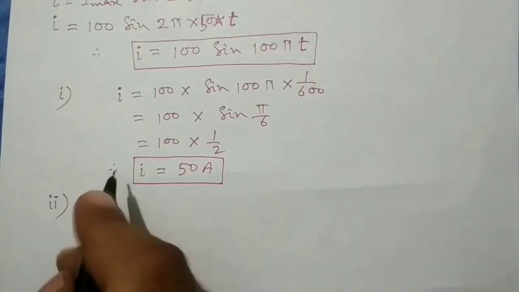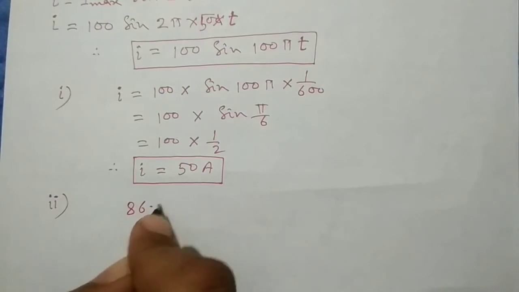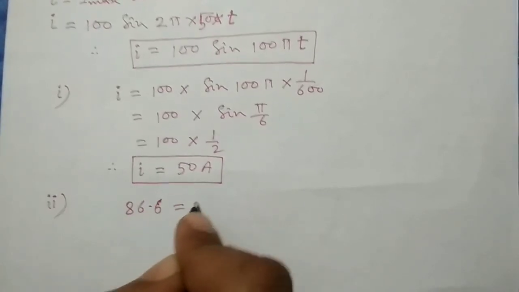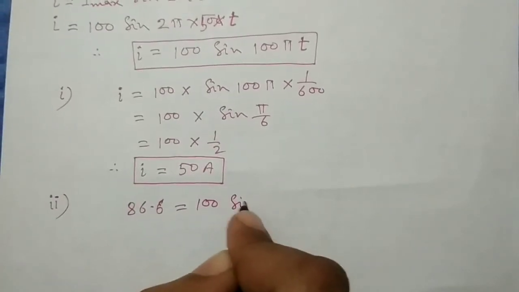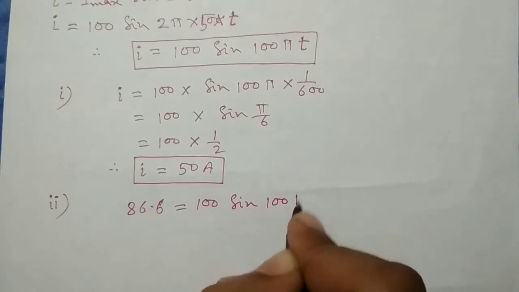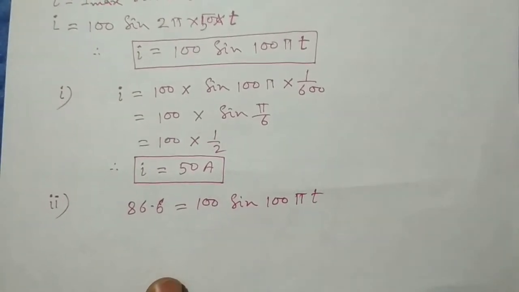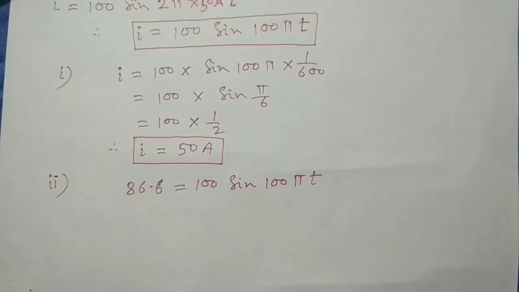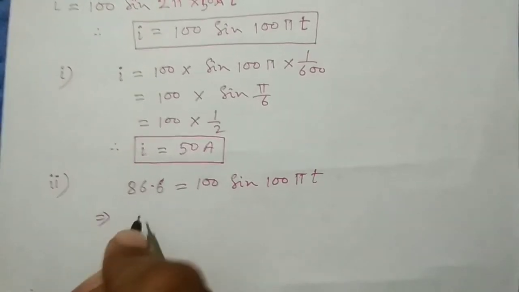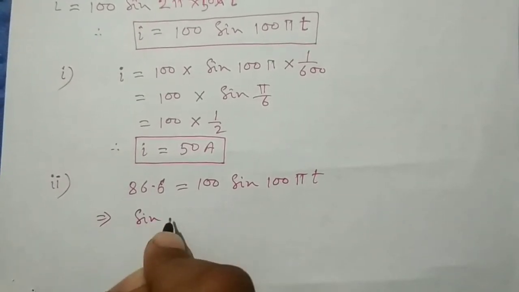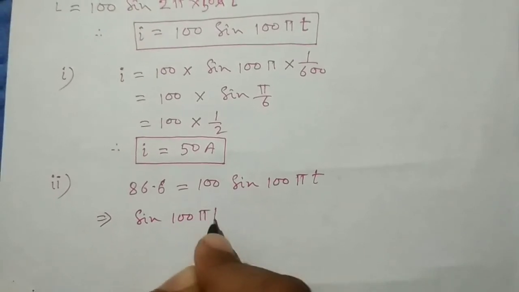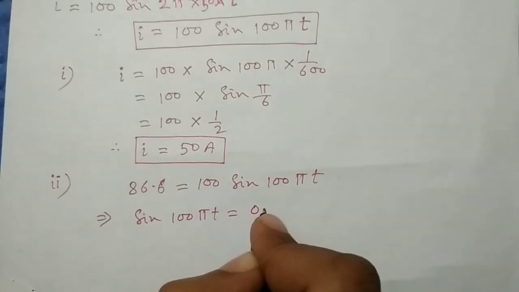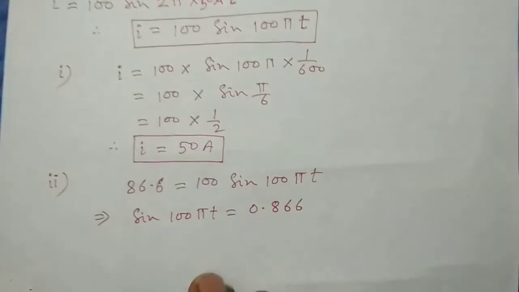So put here 86.6 is 100 sine 100 pi t, or we can write sine 100 pi t equal to 0.866.